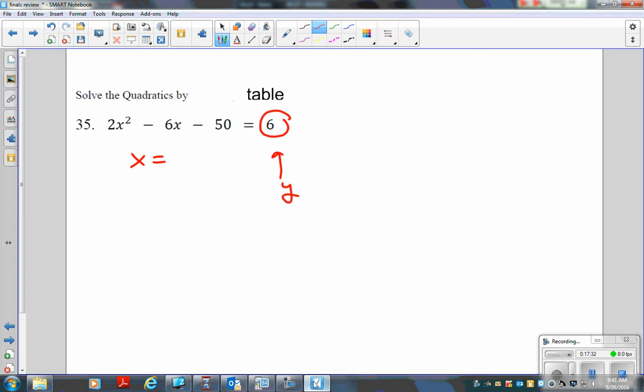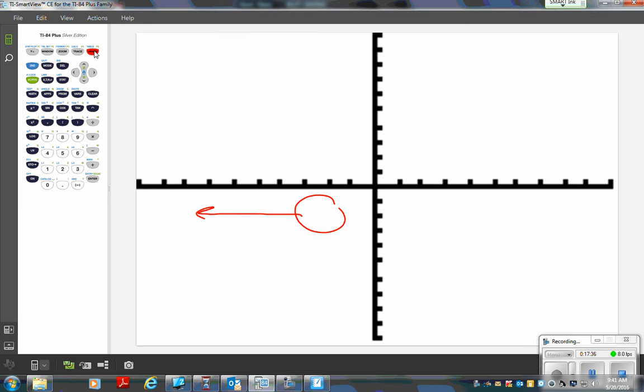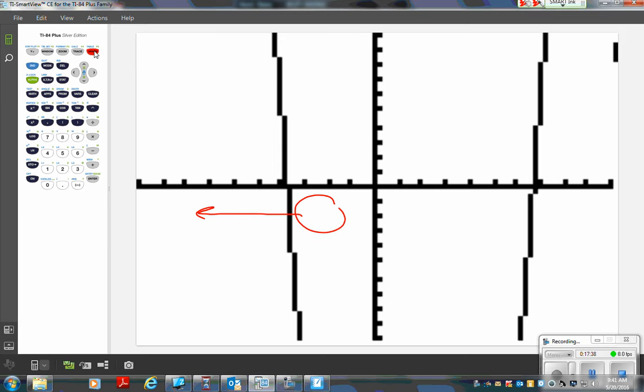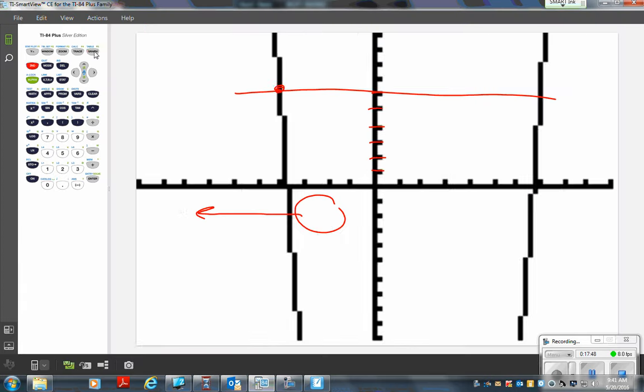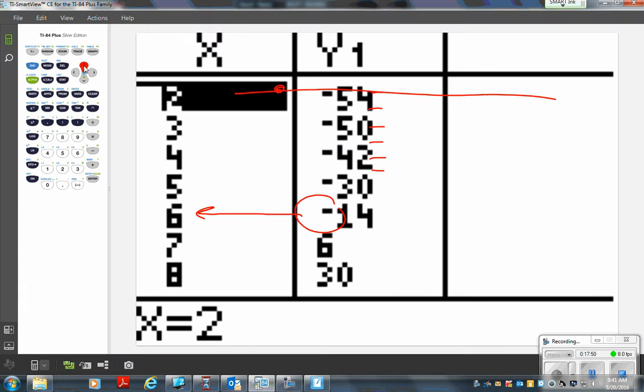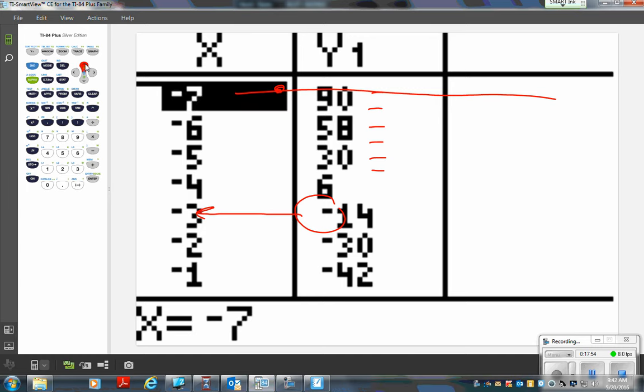X equals 7. And there's a second one right here in the negative section. And that's in front of negative 4.